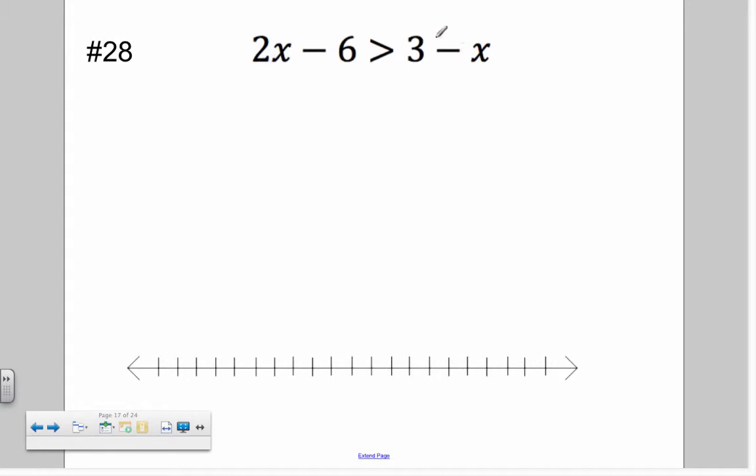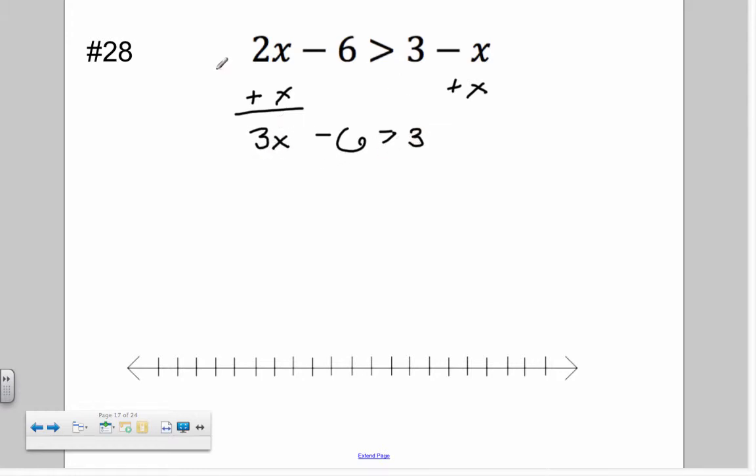In this case, I'm going to add x to both sides. And by doing so, here I'm going to get a positive 3x minus 6 is greater than 3. And my coefficient of x is positive.